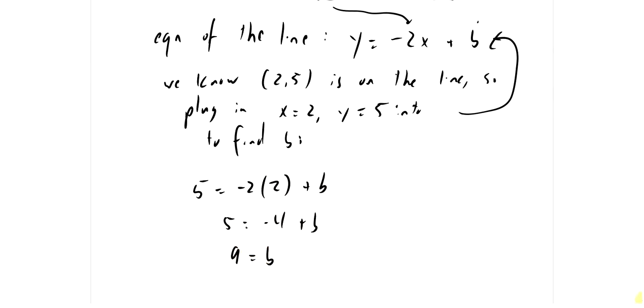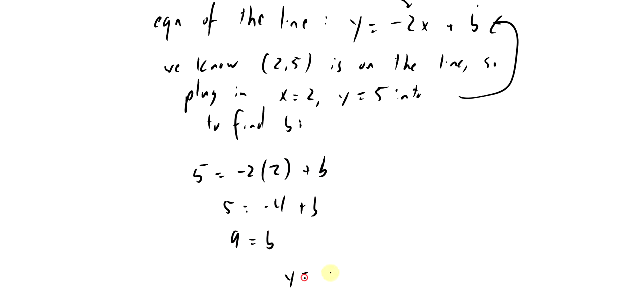So what's the equation of my line then? Y equals minus 2x plus 9. So this is very nice. If you know that a point is on the line, that means you can plug those numbers into the line and you get a nice true statement. And so if you don't know what b is, but you do know a point on the line, then you can figure out what b is by plugging in the point.